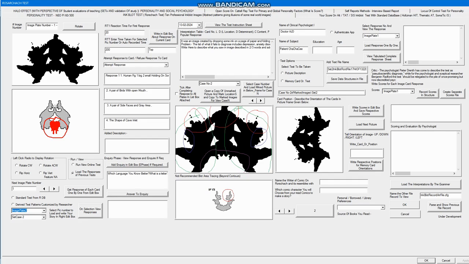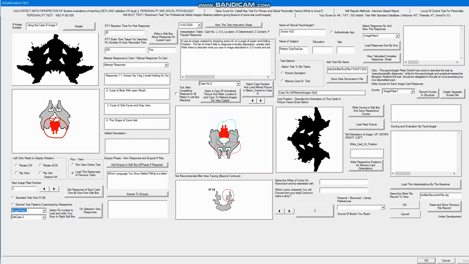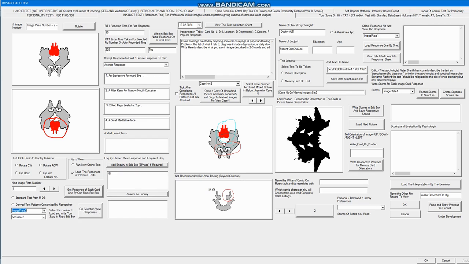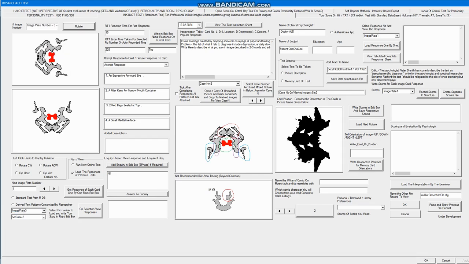The two times are called reaction time and response time. The responses by the subject can be marked with colored pencils, or as 1, 2, 3, 4, and the subject has to mark on the card the number of responses.